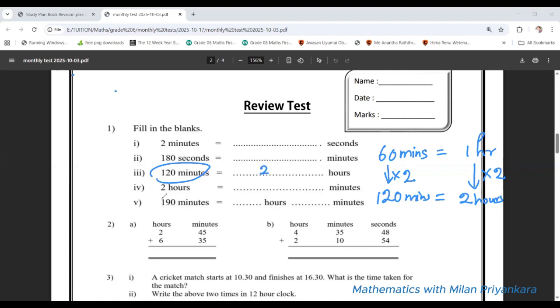Let's see. And also this is I think probably the easiest, right? 2 hours, how many minutes? 1 hour equals 60 minutes. Okay, then what about 2 hours? It becomes 2 times. I will explain this again.